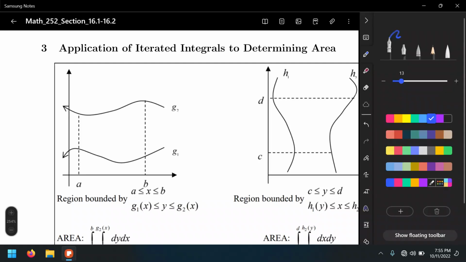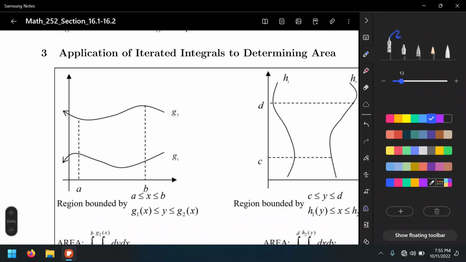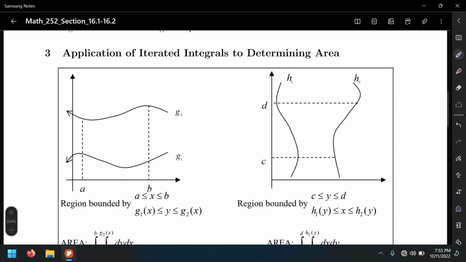Well, number one, back when we defined the area under the curve, that was to find infinitely many areas under rectangles.